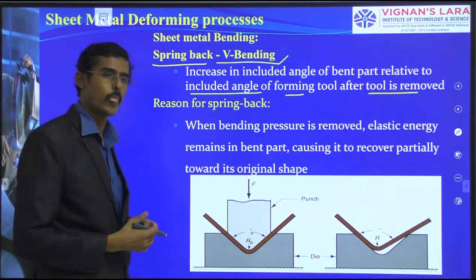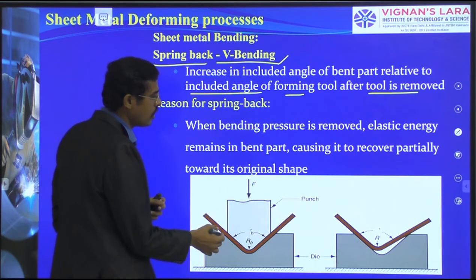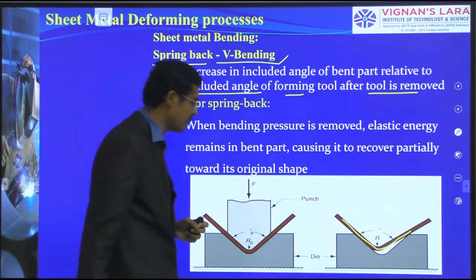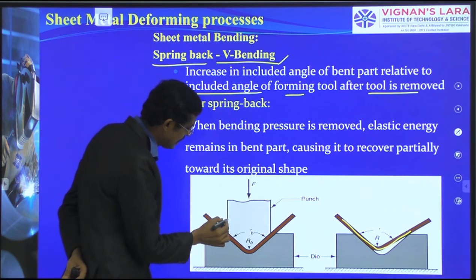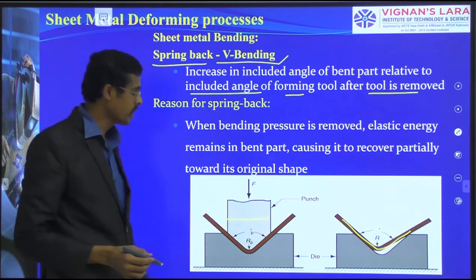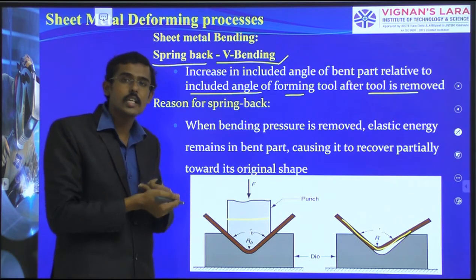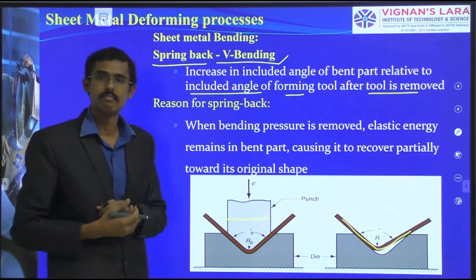What happens? I need a bending operation like this, which is named as R. But I am creating a die like this, and I am giving a force here, which initially will be restricted by the specimen.